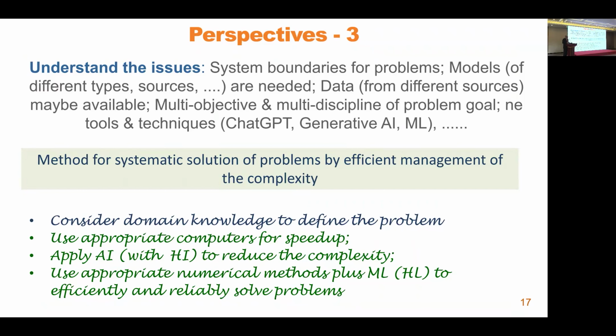We should use the computer that can do it for us. Apply AI, and here I would put also human intelligence, to reduce the complexity. Use appropriate numerical methods plus machine learning plus human learning to efficiently and reliably solve the problems. With that, I finish. Thank you.